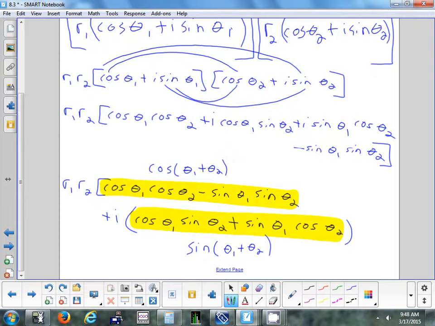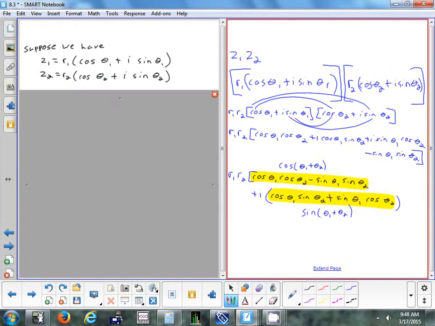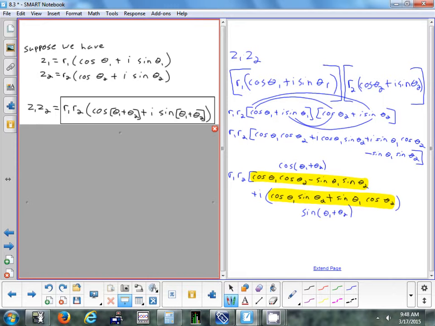So this, all this bottom stuff in yellow simplifies to sine theta 1 plus theta 2. Right, so let's write the final answer nice and neat. So it's R1, R2, and then the first thing I highlighted in yellow becomes cosine of the sum of the angles. Second thing is plus i.